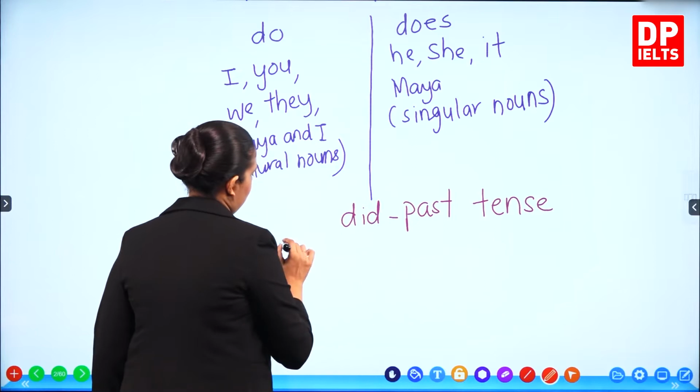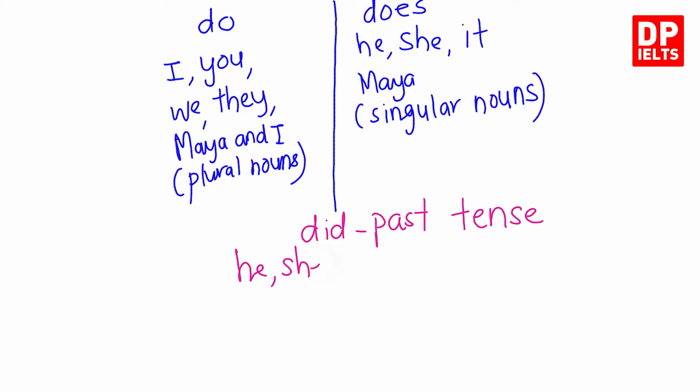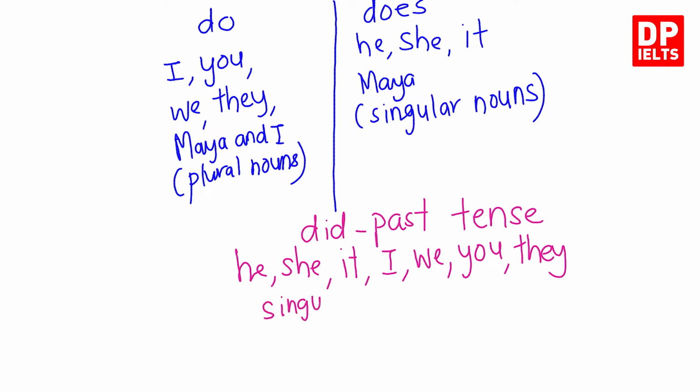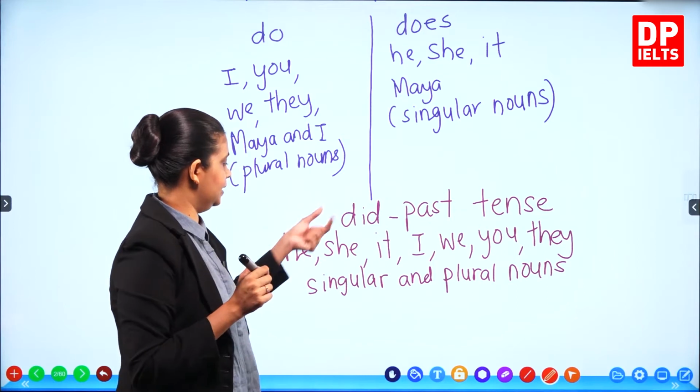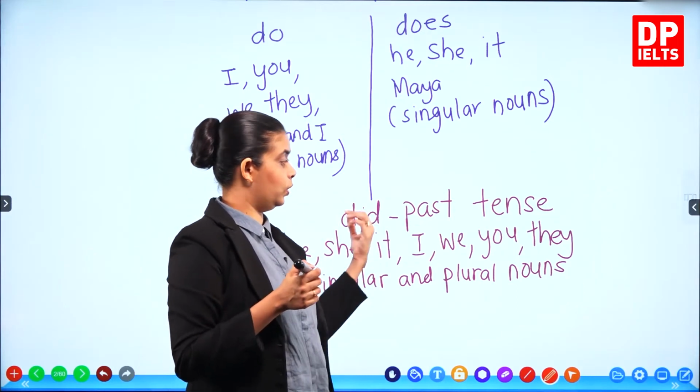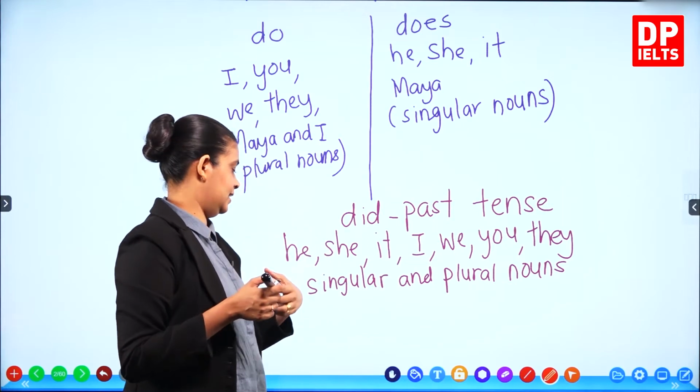And you could use he, she, it, I, we, you, they, as well as singular and plural nouns. Right? You can say he did, she did, it did, I did, we did, you did, they did. Okay?